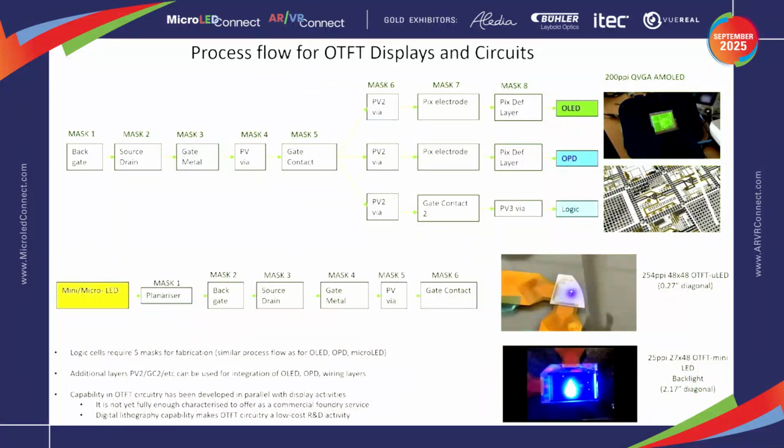We put down electrodes like backgate metal, source drain metal, and gate metal, and pattern all these by photolithography and wet etching. We do some dry etching using reactive ion etching to pattern the organic materials and the passivation layers, and again, other interconnect metals. Then we can add other layers in order to turn them into different types of devices, like OLED backplane, organic photodetectors, or logic devices.